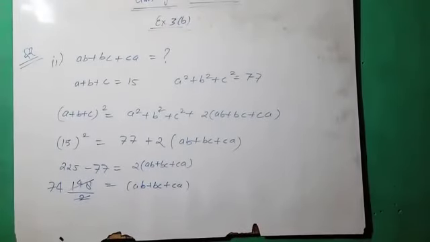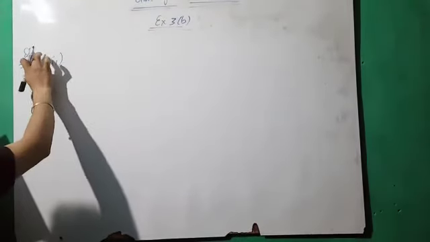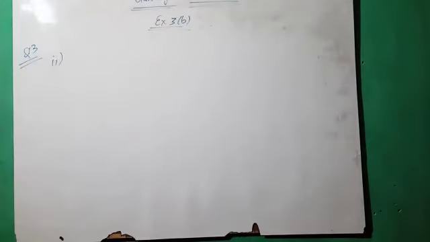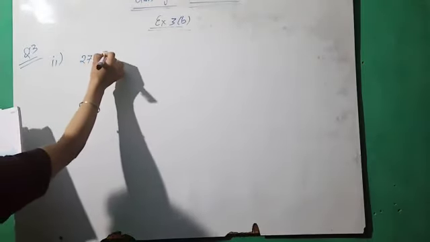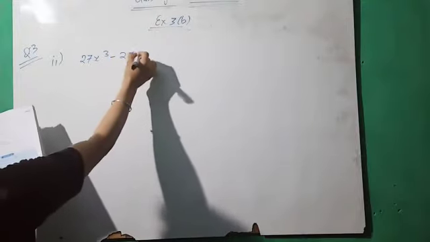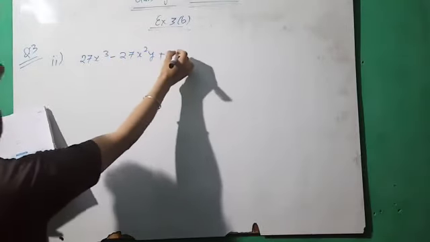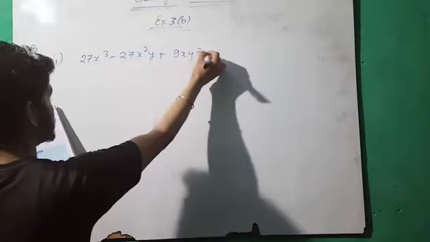Move to question number third. The first part is your homework in fair copy; a hint is given as well. The second part we will discuss here: 27x cube minus 27x square y plus 9x y square minus y cube.